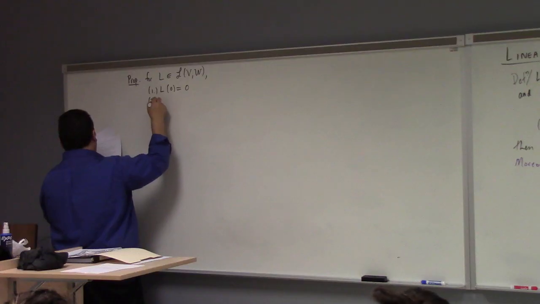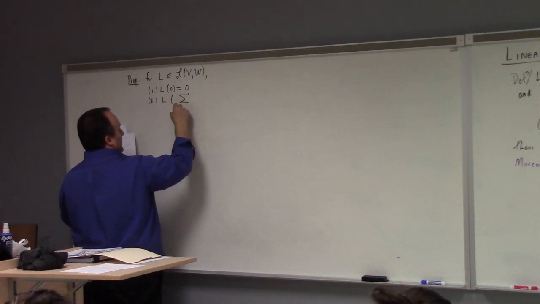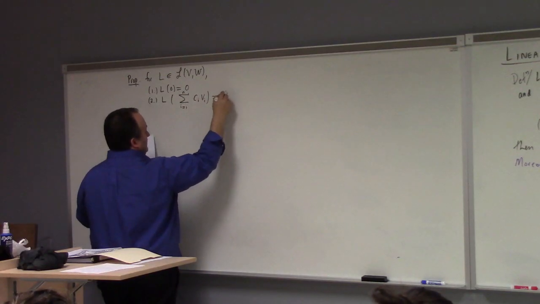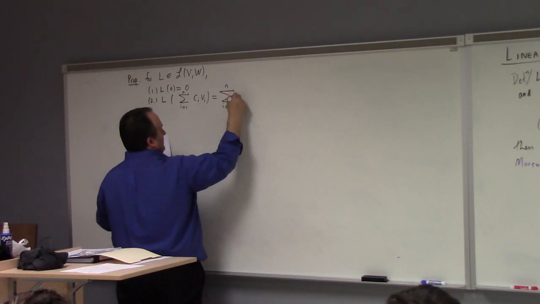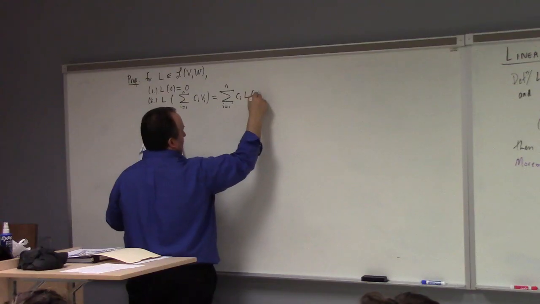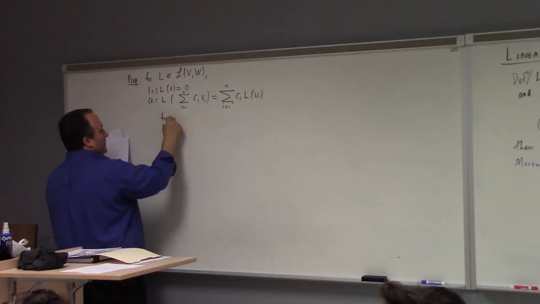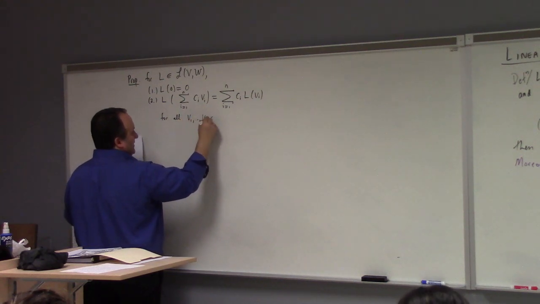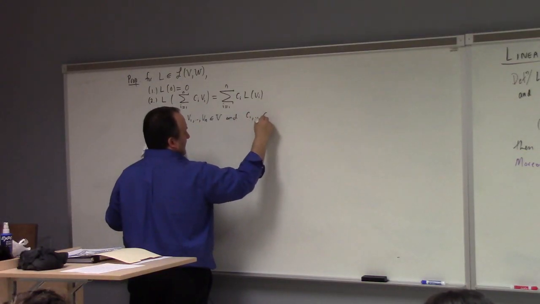Number two, L of the sum, i equals 1 to, let's say, n, of c_i v_i is equal to the sum, i equals 1 to n of c_i times L(v_i), for all v_1 through v_n in V, and c_1 through c_n in F.